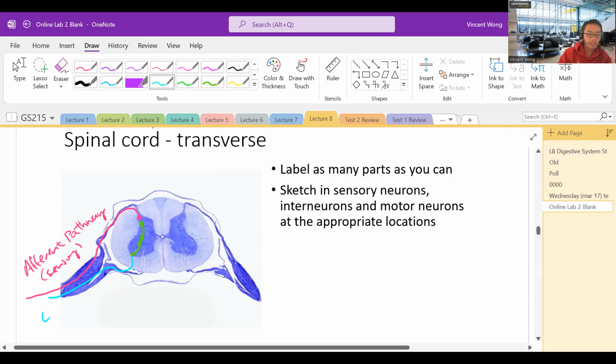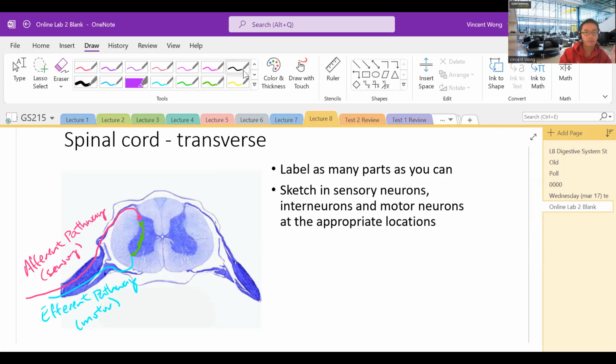And this is the efferent pathway, which is motor information. This thing here, that's like surrounding the spinal cord, is the meninges.